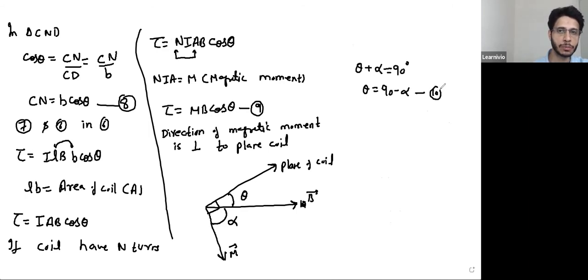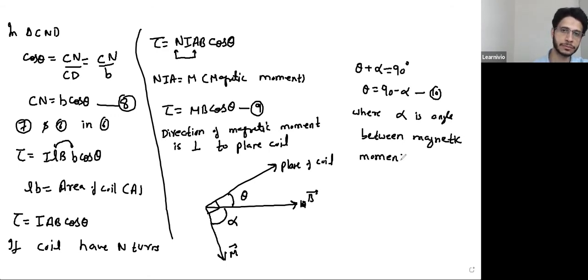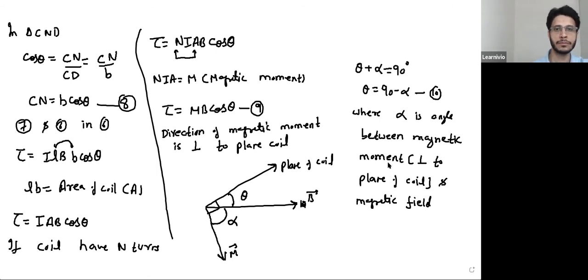Let's call this as equation number 10, where alpha is angle between magnetic moment, which is perpendicular to plane of coil, and magnetic field.